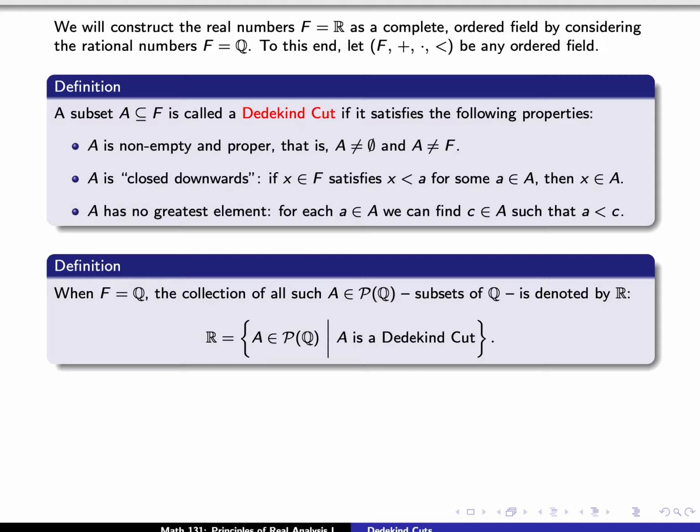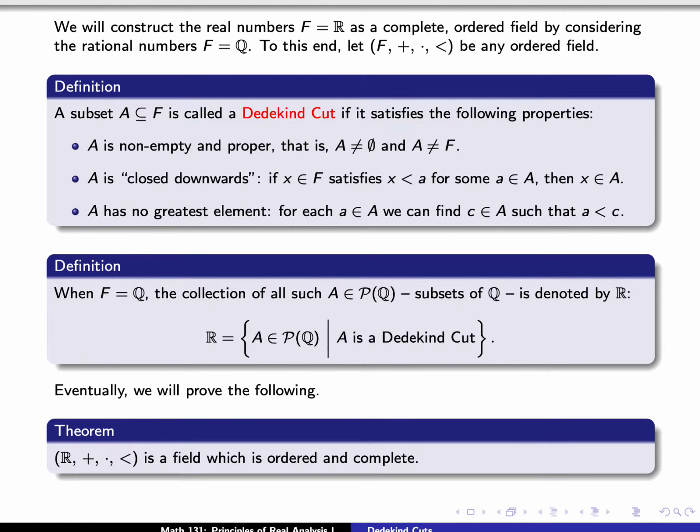For example, when F is equal to Q, we know that we have an ordered field. Let's take a look at all subsets of Q. We can fancily write this as A is an element of the power set of Q. All such subsets that are Dedekind cuts will be called a real number, and the collection of all such will be called R. Eventually, we're going to prove the following.